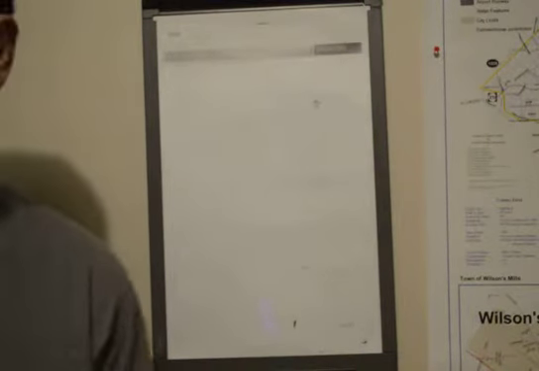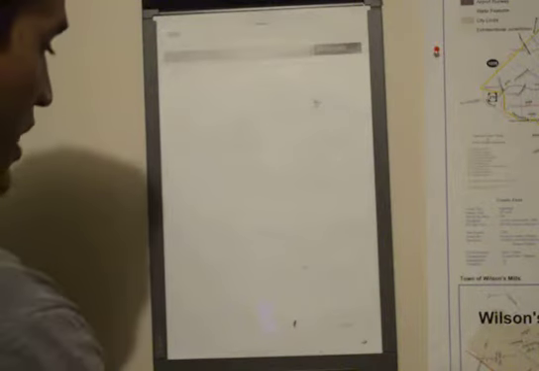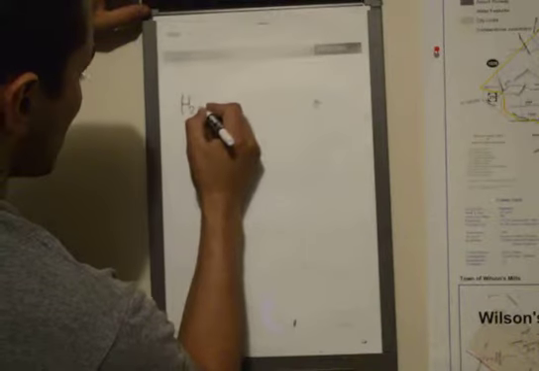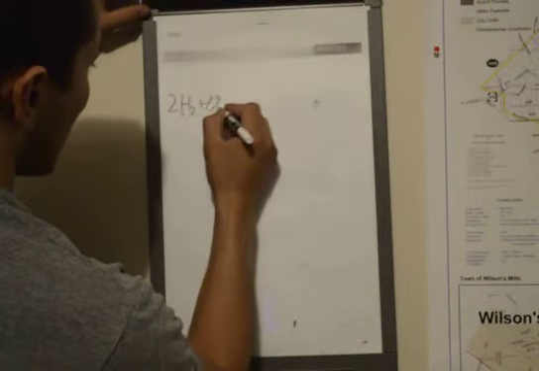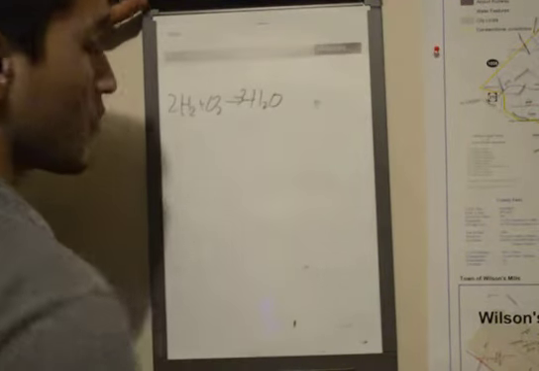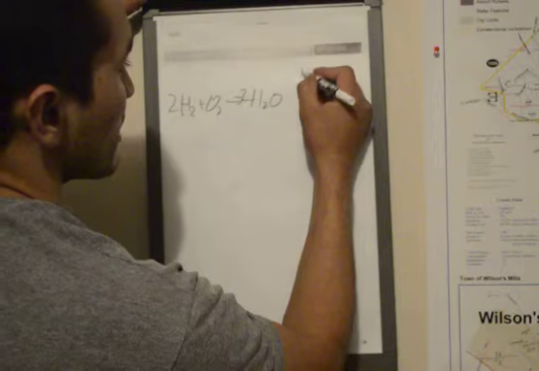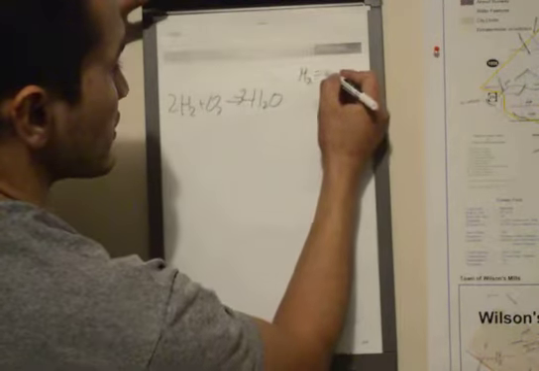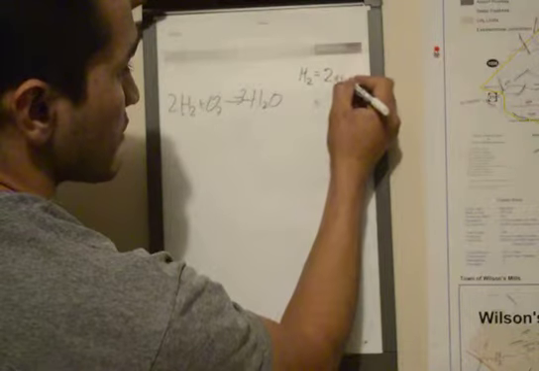With any problem that you do, the first thing you're going to want to start out with is a balanced equation. The equation that we're going to be doing today is H2 and O2 to form H2O. An important thing to note is that the molar mass of H2 is about 2 grams per mole.